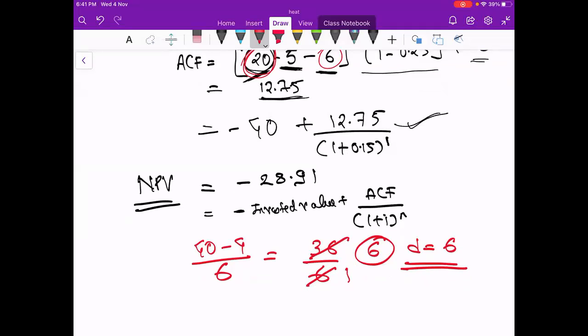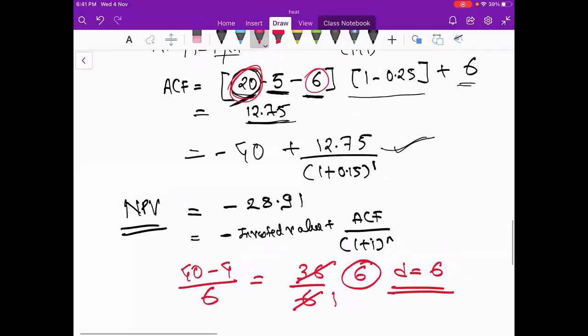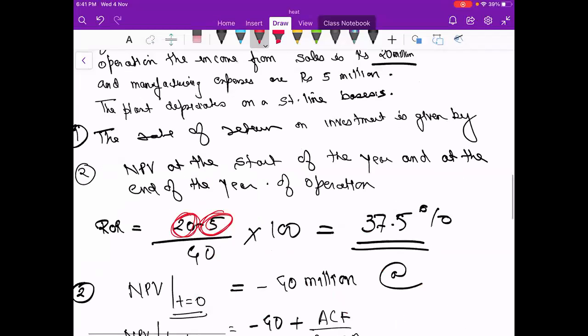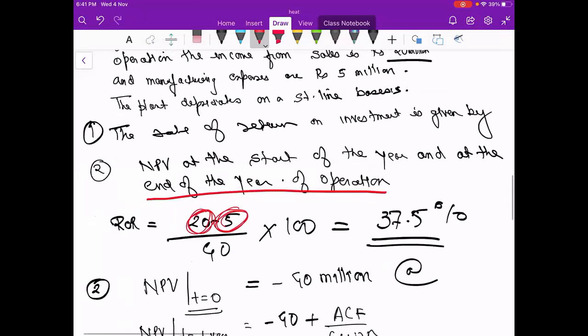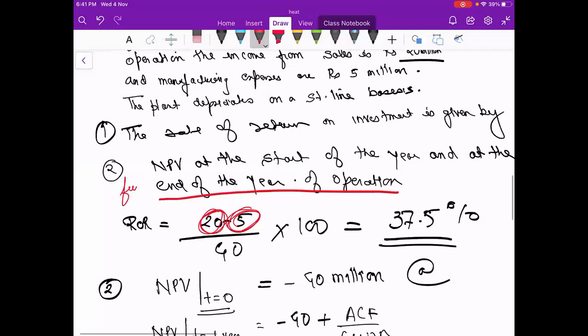Arnab Agrawal says, sir, in the question it is end of year operation to 6 years. It is mentioned in the question, no? NPV at the start of the year and the end of the year. Okay, sorry. End of the year operation is given. I have calculated assuming it as the first year.